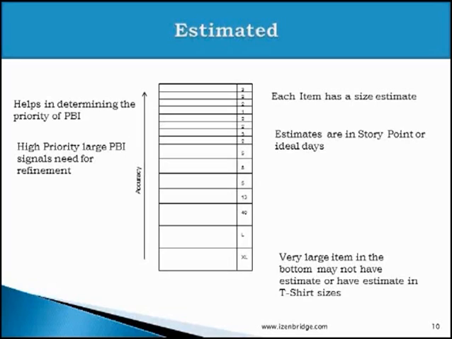Each item, especially those of higher priority, should have a size associated with it. The sizing of product backlog is usually done in the form of either story points or ideal days. So the items which are scheduled in the current release should have story points or ideal days attached. You may have some very big items which are not expected to get scheduled in the upcoming two releases. I am saying releases, not sprints.